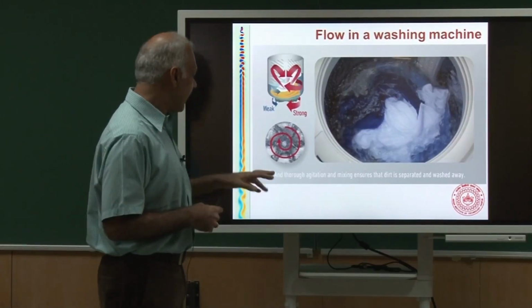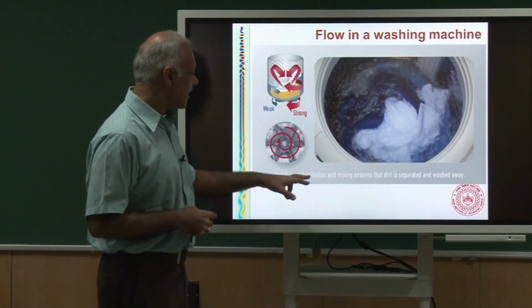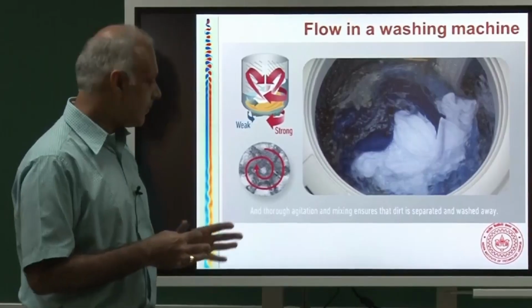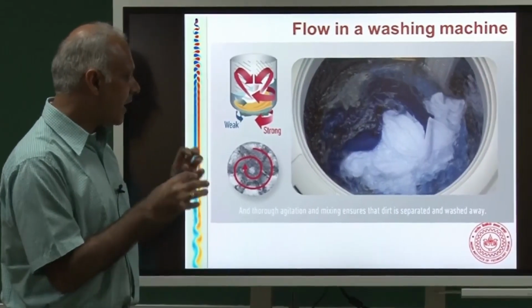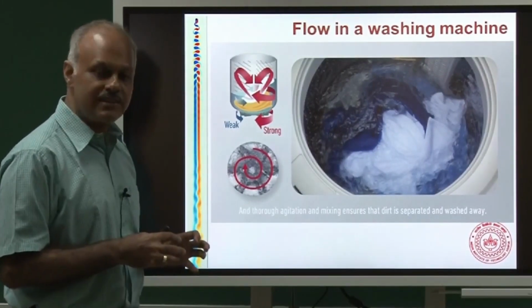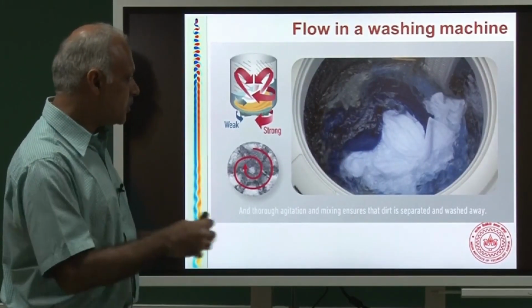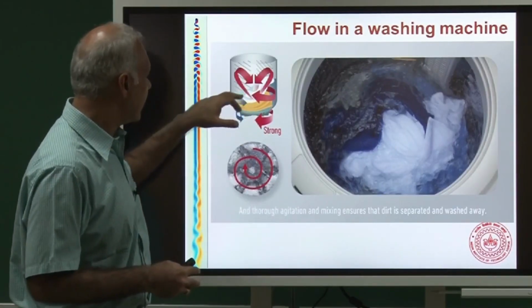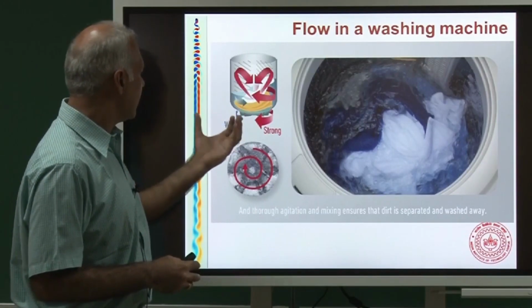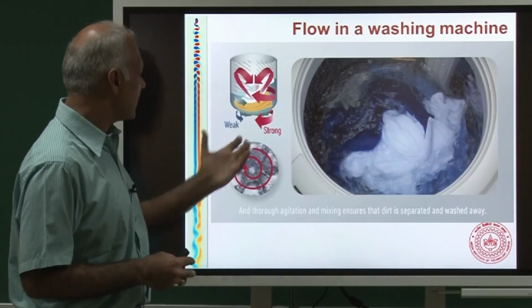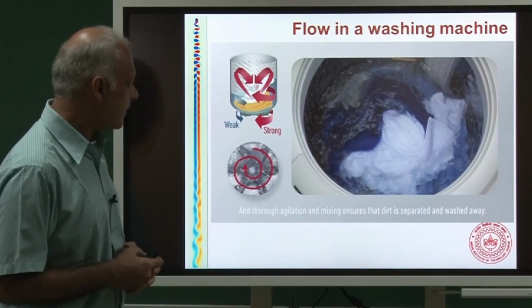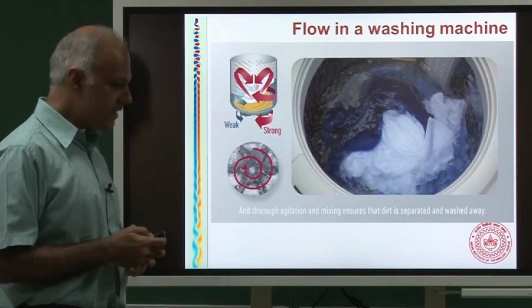You want extremely good agitation. You have put some detergent, and that detergent now has to go and act on the dirt and push the dirt out. So you need to have some agitation. Here is an example of a motion. You would do weak motion in one direction, strong in the other, and create some vortex structure, and that's how you would have an efficient washing machine.